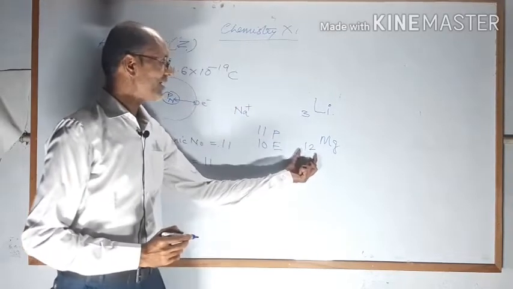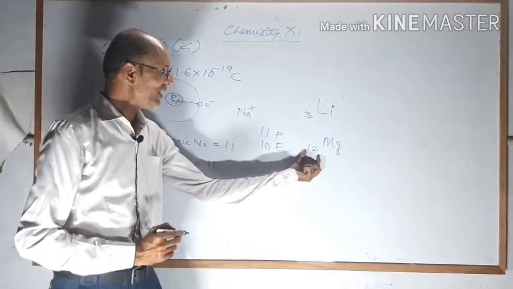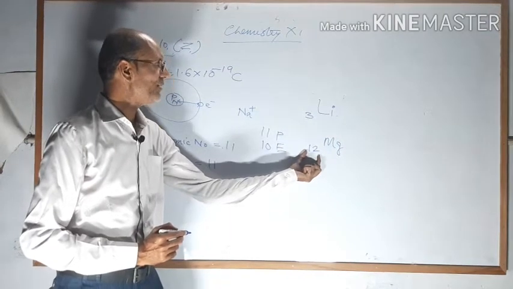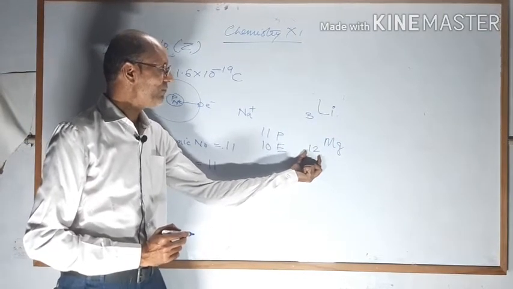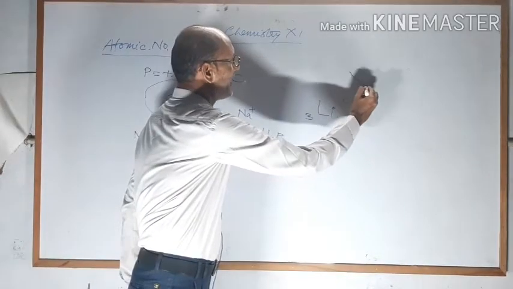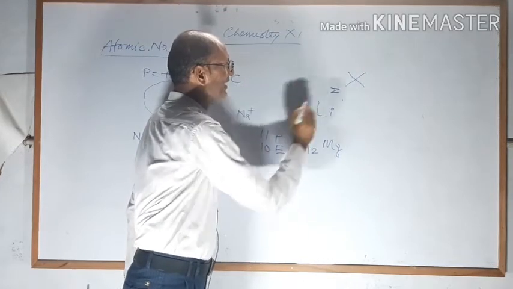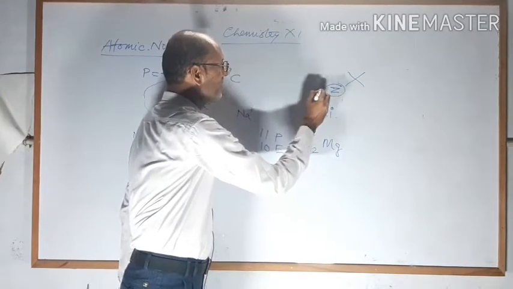The number written before the symbol of any element, at the bottom, is called the atomic number. The atomic number of magnesium is 12. Or you can say this is any element X and this is Z, where Z means atomic number.